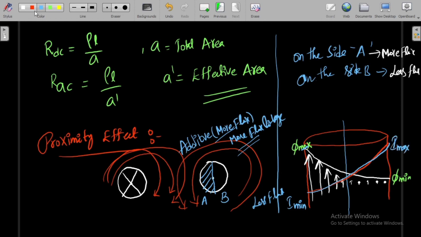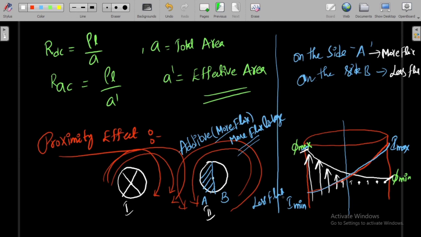What does it indicate? Because of the effect of the other conductor, or because of the flux linkages produced by the first conductor, consider this as first and this as second, there will be variation of flux linkages from left to right of the second conductor. As there is variation of flux linkages, you will have variation of current.